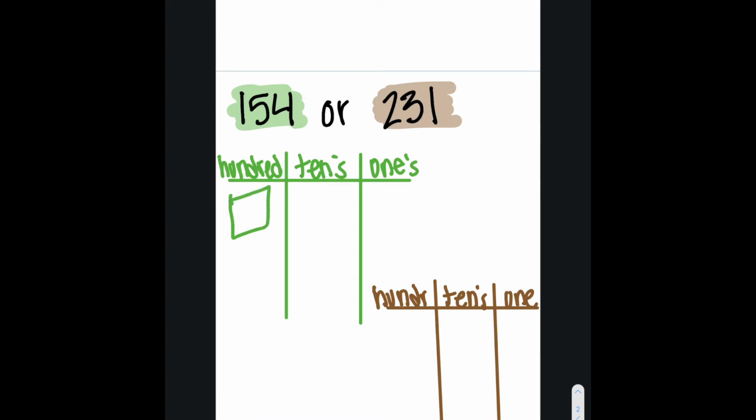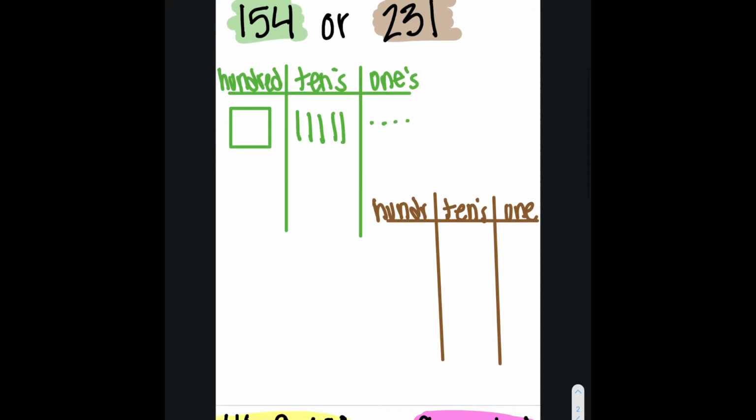So 154 has 1 hundred, and then it has 5 tens, and then it has 4 ones. And then 231, it has 2 hundreds and 3 tens and 1 one. Okay, that's great.